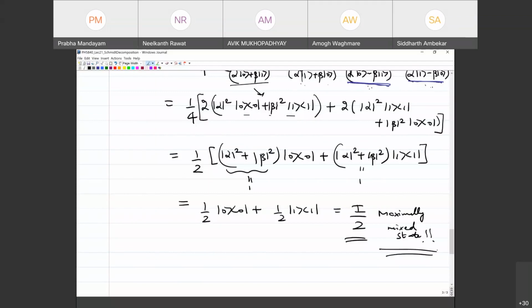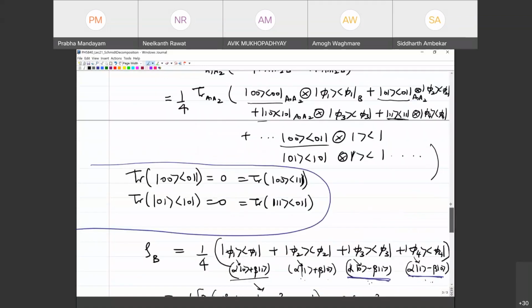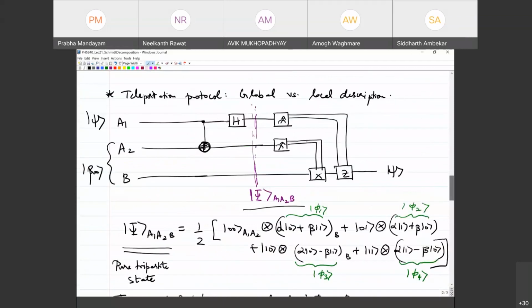So no matter whether Anita does her measurements or not, until she communicates the outcomes of these classical bits, which I think we called M1 and M2, right? It's only after M1 and M2 are communicated that B has a deterministic pure state in his lab, and this state is exactly equal to the state that A was trying to teleport.